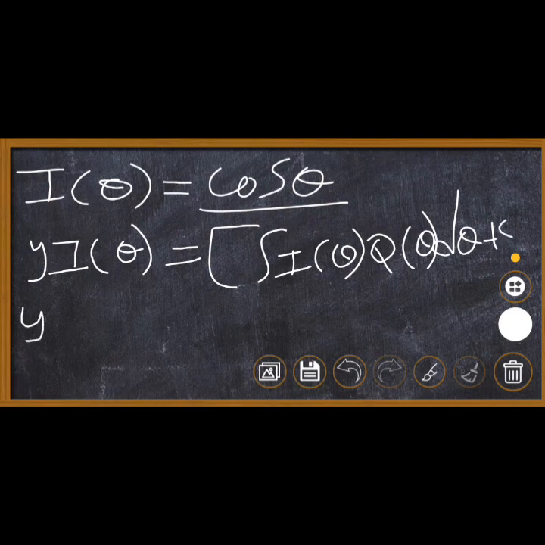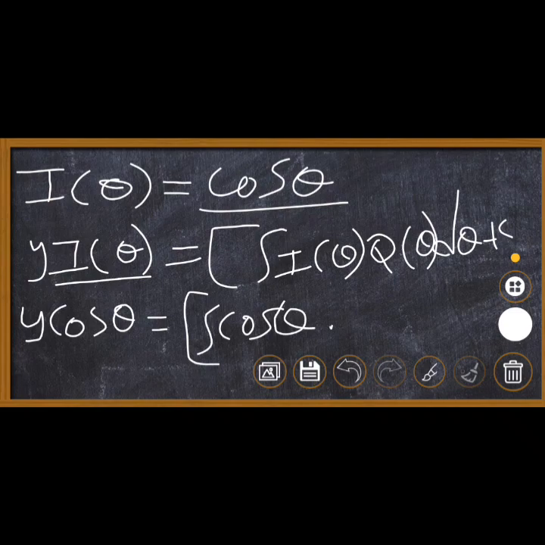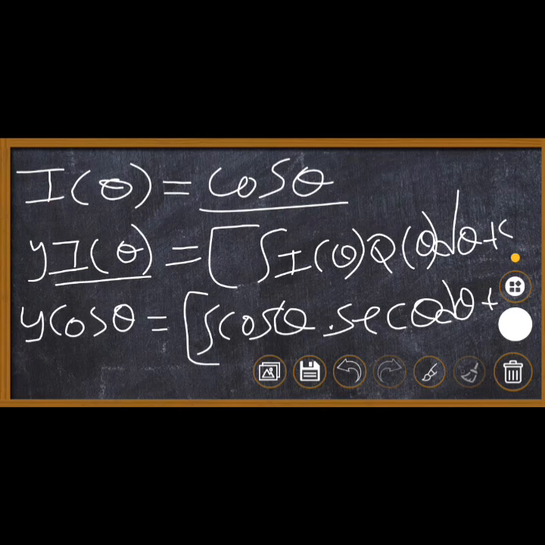So here, what is our integrating factor? Our integrating factor is cos theta, and we are going to replace that here. So cos theta, as we have here, multiplied by, if you remember, what was our function for q? Our function for q was sec theta. So in this case, integral of g theta, plus constant c.